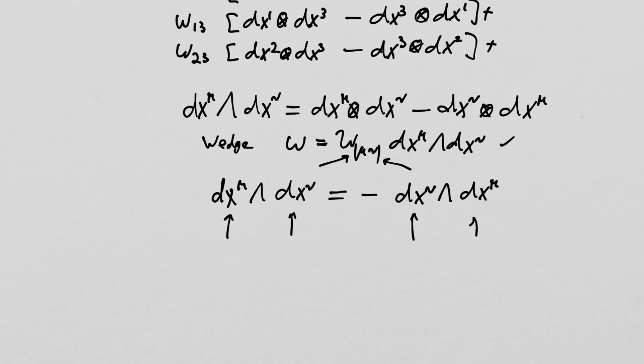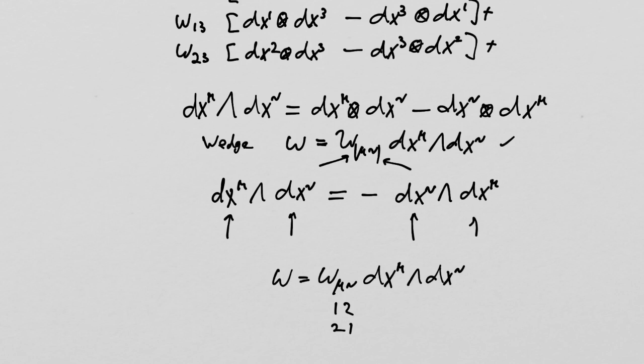But what we need to realize is that if we write omega equals omega mu nu dx mu wedge dx nu, and we allow mu and nu to run over all the indices, we're going to capture 1, 2 and 2, 1.